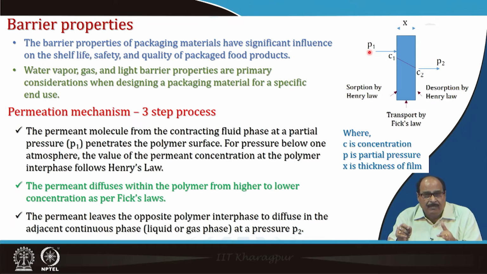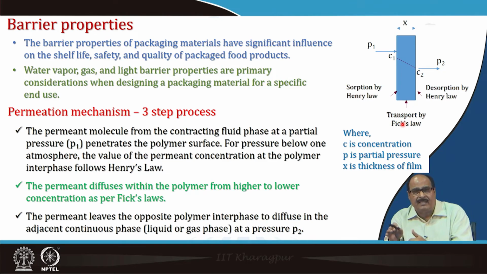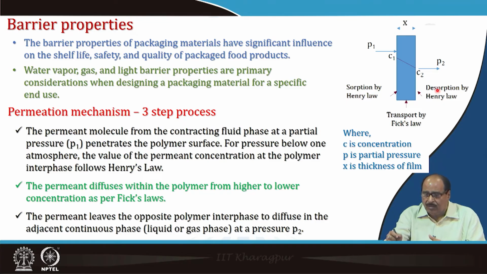Second, the permeate diffuses within the polymer or packaging material from higher to lower concentration as per Fick's law. Third, the permeate leaves the opposite polymer interface to diffuse into the adjacent phase, either liquid or gas phase, at a pressure P2, that is the outside pressure P2. Here is C1 and here is C2.